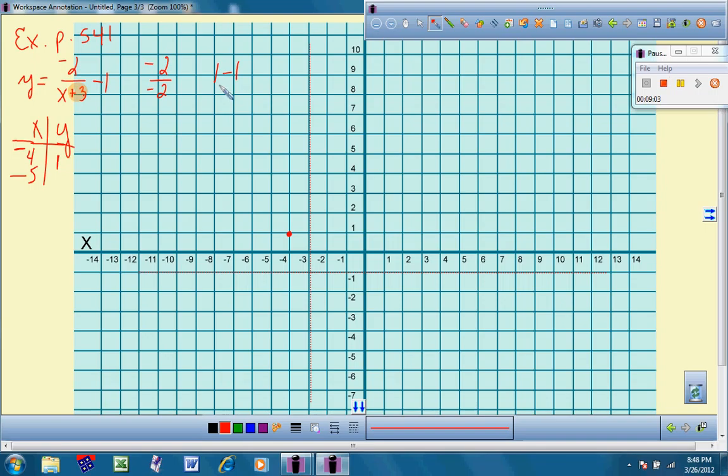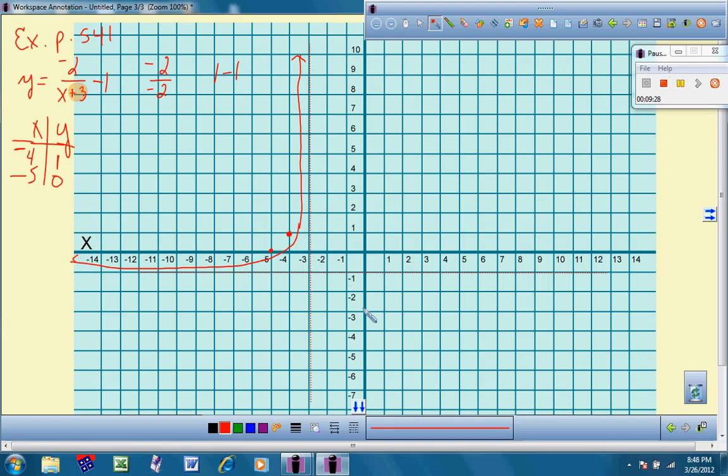So 1 minus 1 is 0. So that means my other point is going to be at negative 5, comma 0. Alright, and then just go ahead and sketch your graph as neatly as you can, following those asymptotes without crossing.